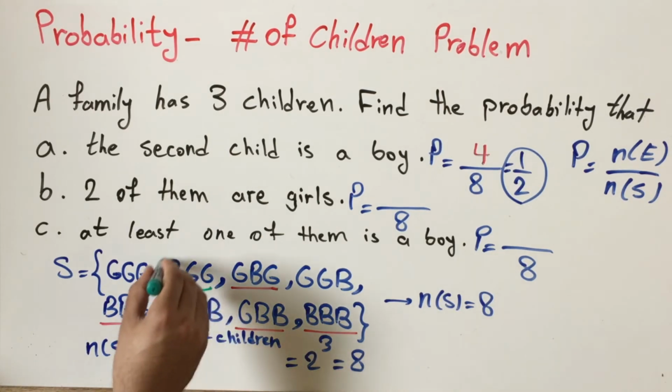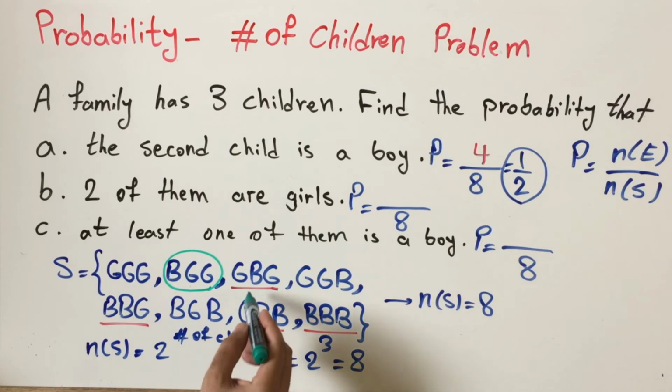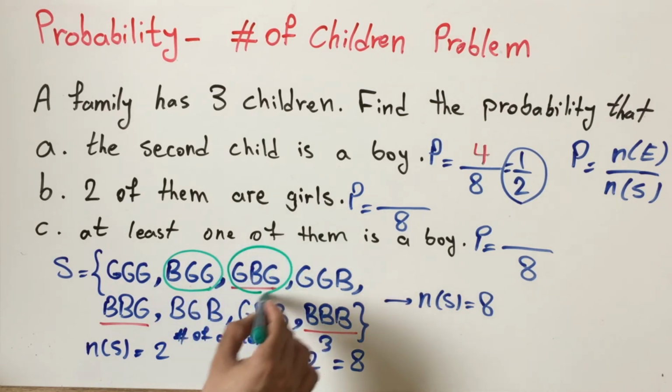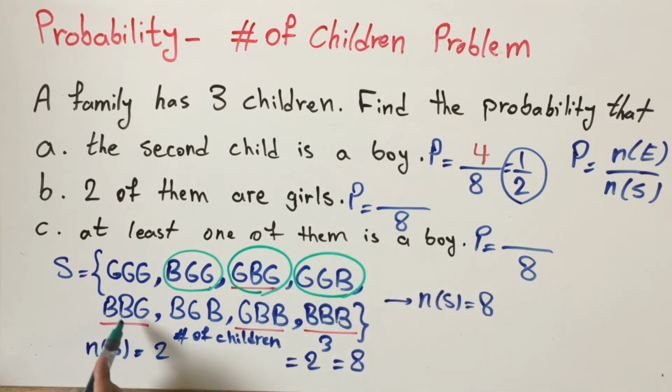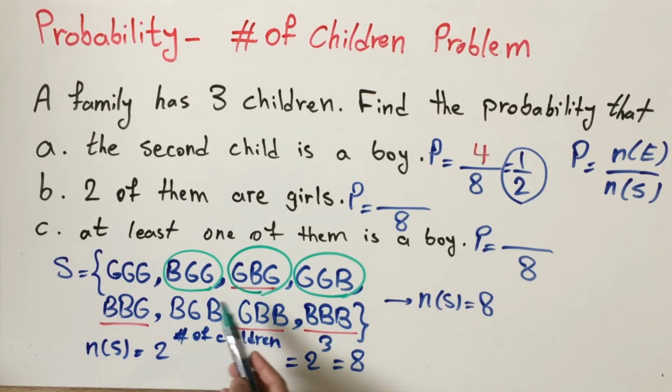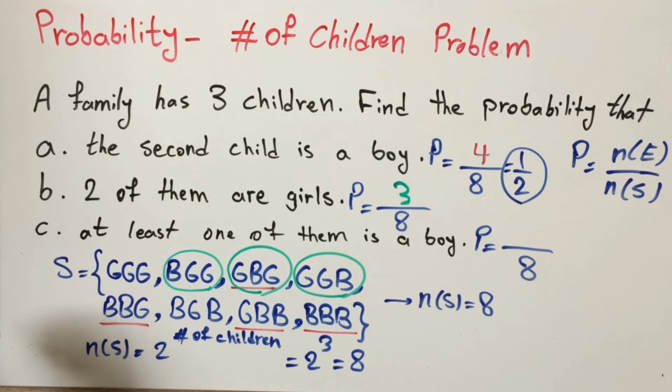I'm going to show this one with green. The third one is okay. This is 2 girls, 1 boy. Again, 2 girls, 1 boy. This is not okay because it is only 1 girl, 1 girl, 1 girl, and there isn't any girl here. As a result, how many items are acceptable? Here we have 3, so the answer is 3 over 8. I cannot reduce that fraction anymore, so you have to leave it like that.